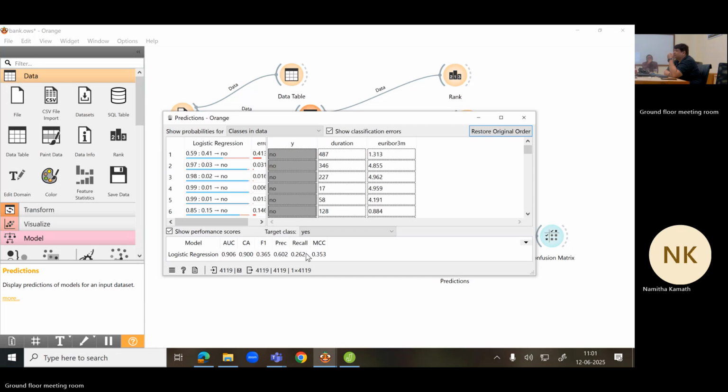One is by including more features. Like right now, we have only considered 2 features, 2 independent variables. But if you add more independent variables, this can improve.